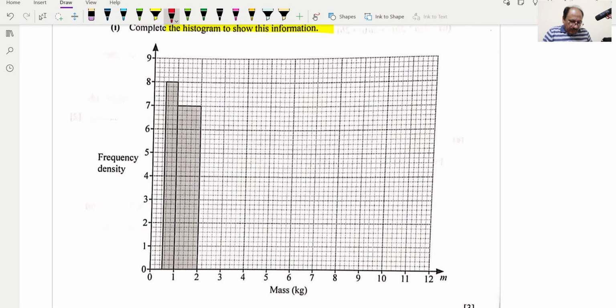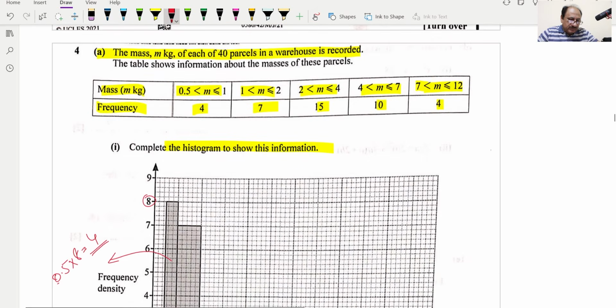0.5 to 1 is this one, from this to this. So this width is basically 0.5, and 0.5 multiplied by height 8. So for this bar we can check 0.5 multiplied by 8 is equal to 4. So it means we are multiplying the width with the height to get the frequency, which is this one.